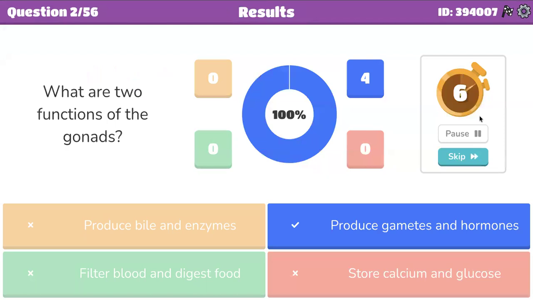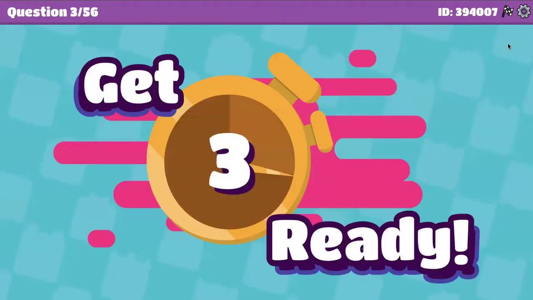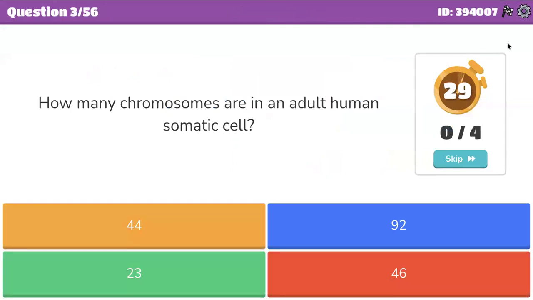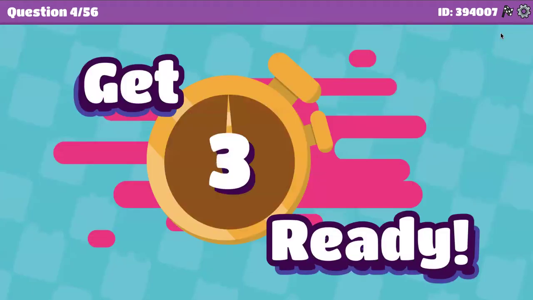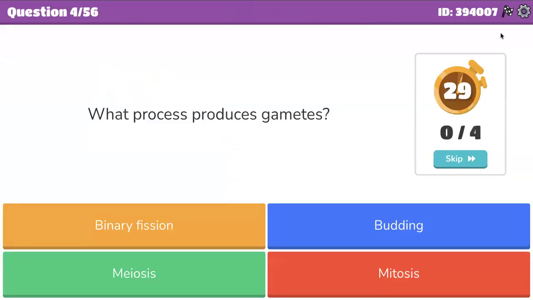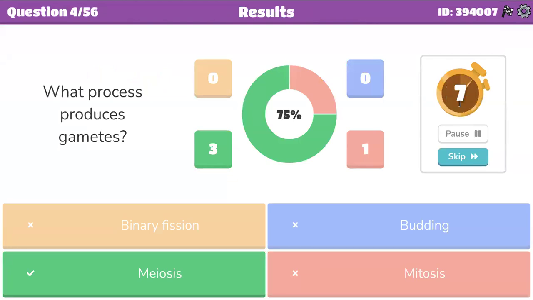Produce gametes and hormones. How many chromosomes are there in an adult human somatic cell? 46. What process produces gametes? Meiosis.